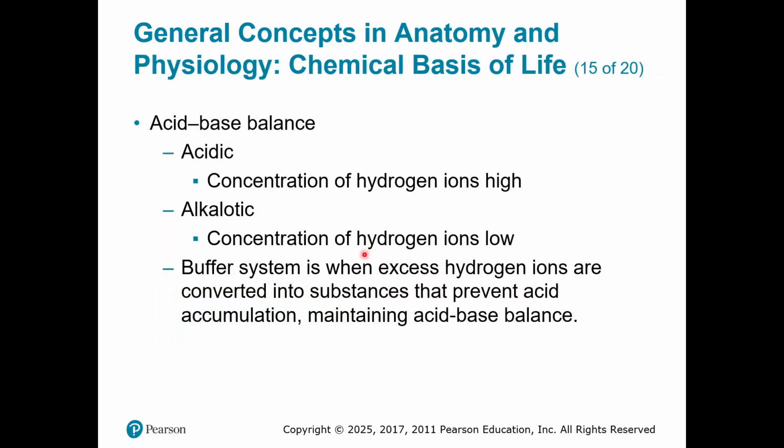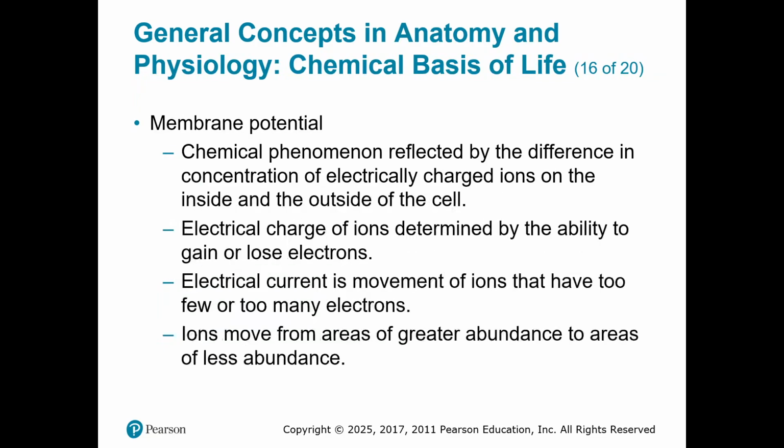A buffer system is when excess hydrogen ions are converted into a substance that prevents acid accumulation, making acid-base balance. So I have a different slide that we're going to walk through, and I think I can make everybody get this. You just have to kind of go slow with it, but I think I can help you guys. But those are some of the terminology I want you guys to start soaking in.